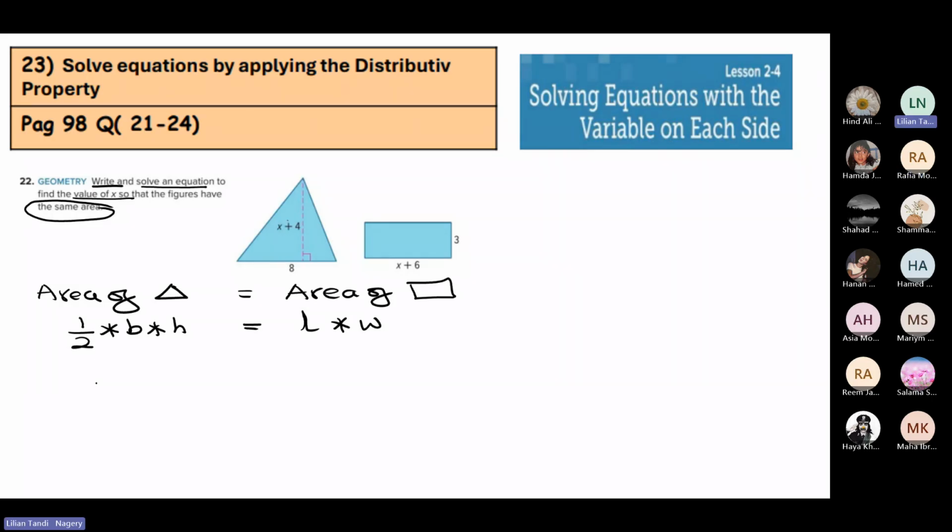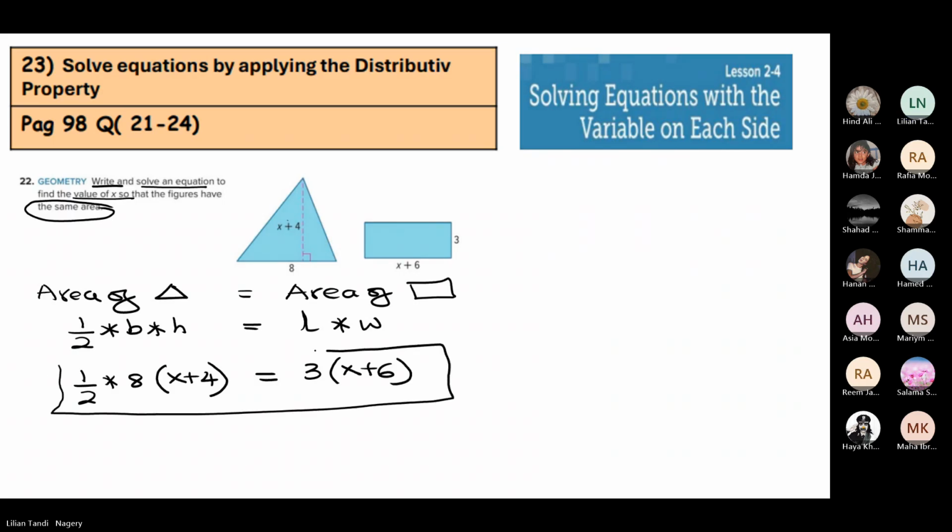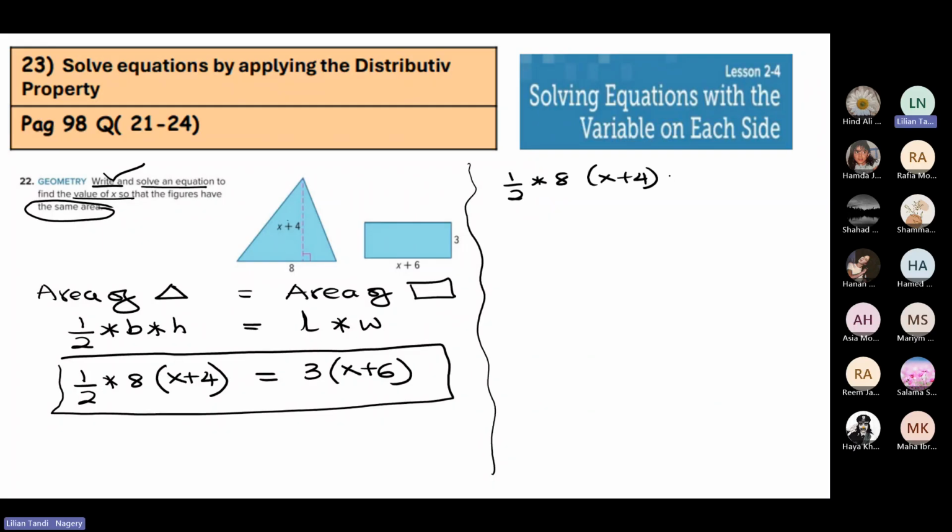Okay. Then what should you write here? Half times 8 parentheses x plus 4 equals 3 parentheses x plus 6. This is your first answer because it says write an equation. Now you want to solve it. Don't forget your bridge.